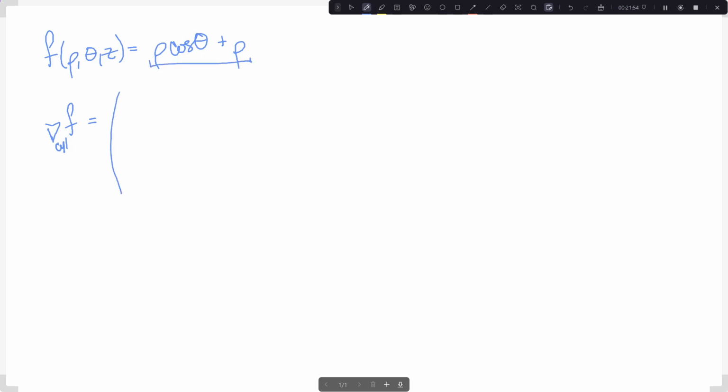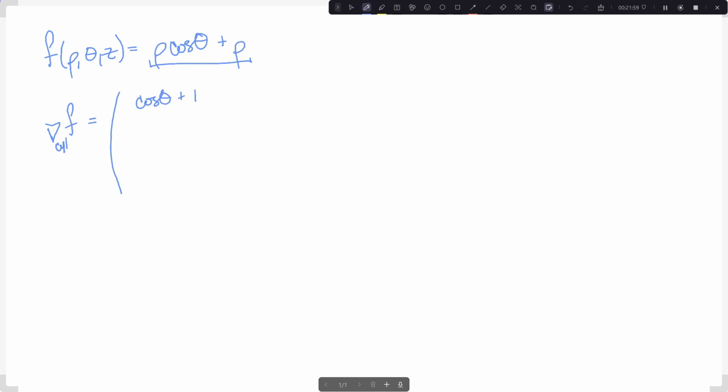Let's jump to the whiteboard and just do a quick example. So f, let's say of rho, theta, and z, let's call it rho cos theta plus rho. Okay, and then I can calculate the gradient of f in cylindrical coordinates as the derivative in rho, which gives me cos theta plus 1.